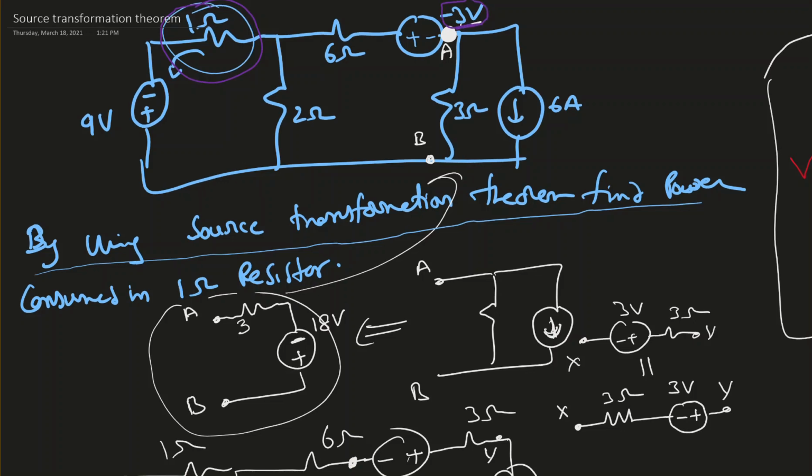I can convert that negative 3 volts into positive by changing the polarity of the voltage source. So I'm going to change the polarity here and make that a plus 3 volt. Previously this was positive and this was negative, negative 3 volts, so I converted that into positive 3 volt.